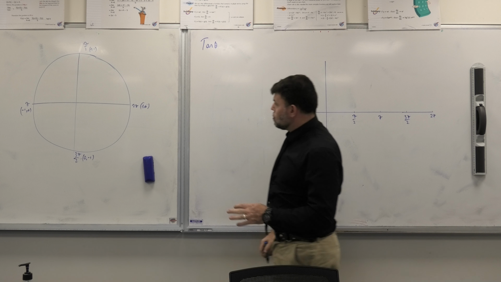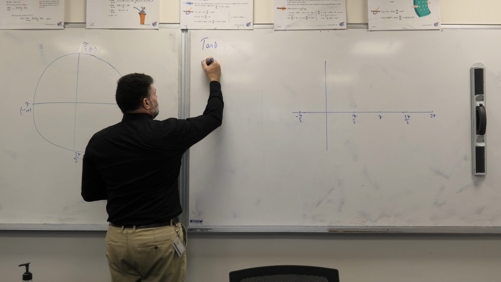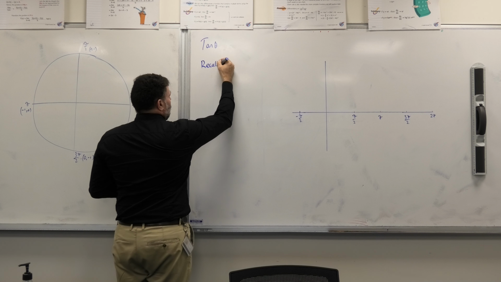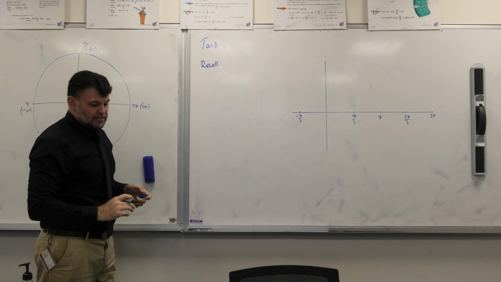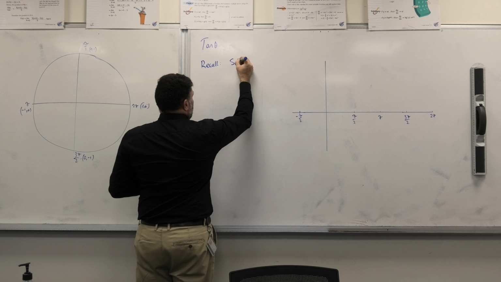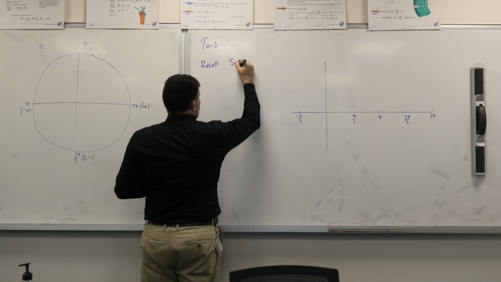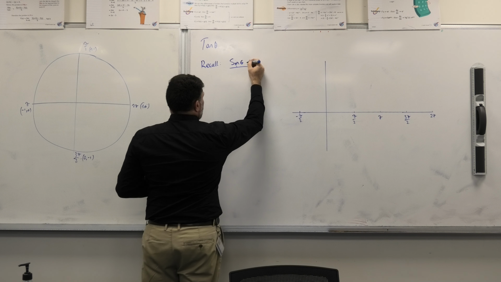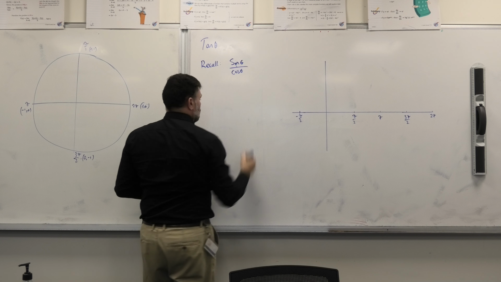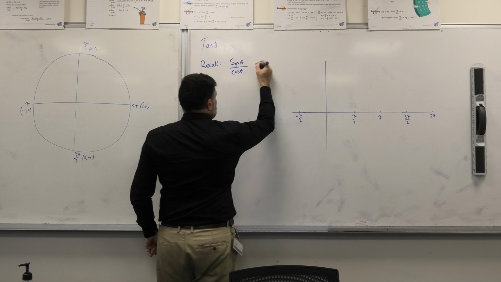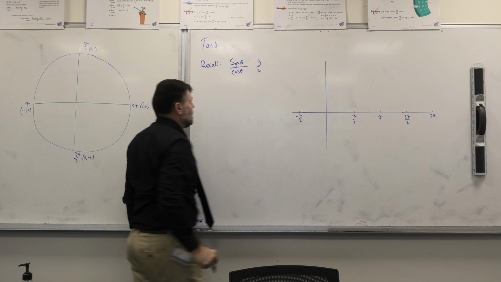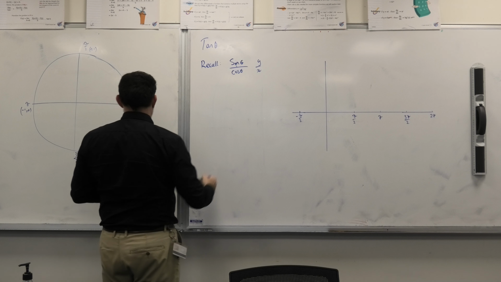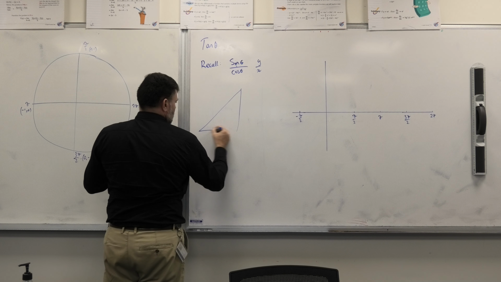Let's go back and recall what we know about tan. We know tan is found by doing sine theta over cos theta, which is the same as doing y over x. If you can't remember that, let's go back to the right angle triangle again.